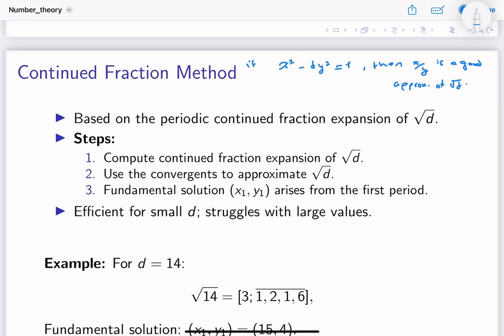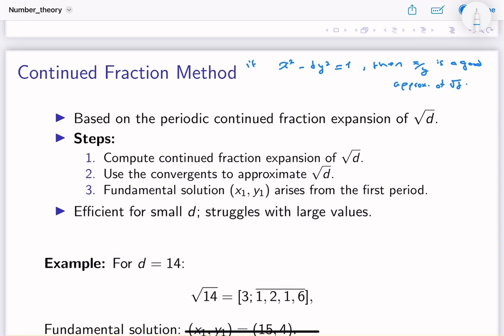Whenever you hear the word approximation of an irrational number, something clicks from an undergraduate course in number theory, which is the so-called continued fractions.